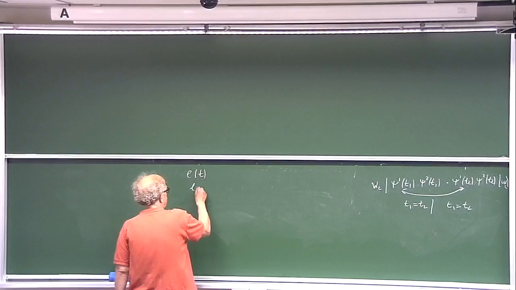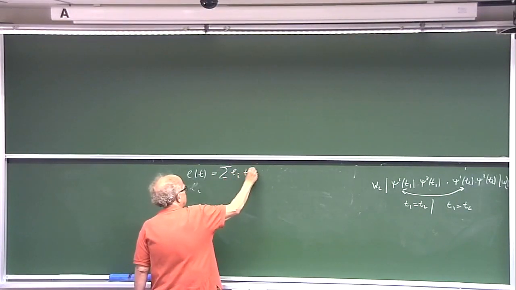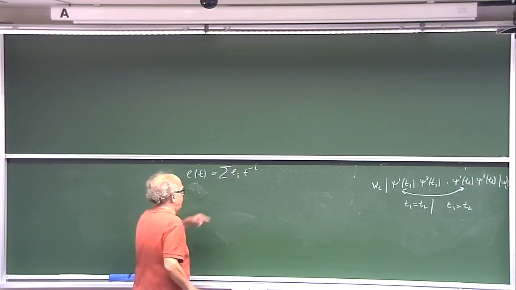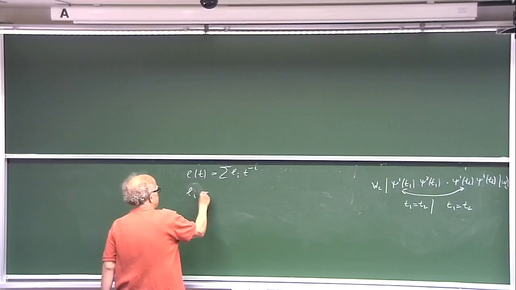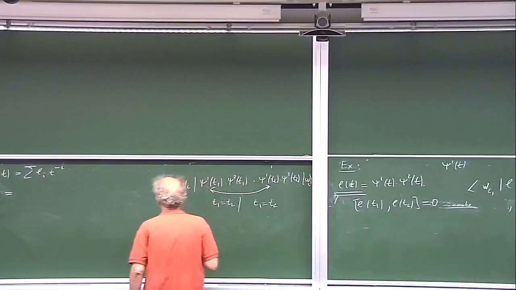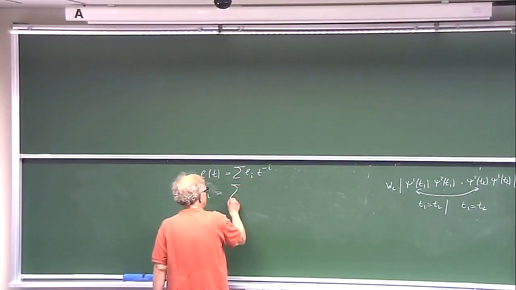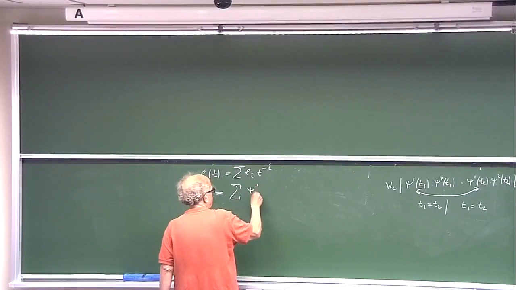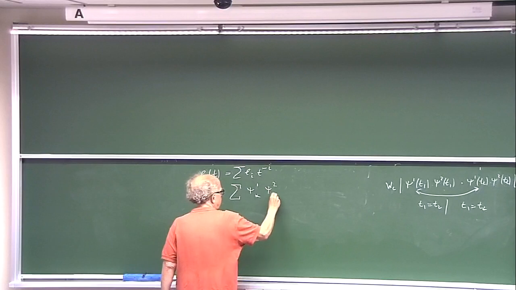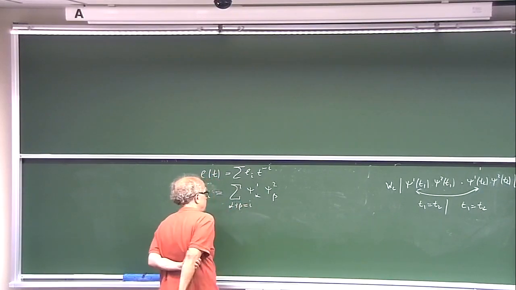Coefficient E_i, so this is the summation of E_i times t to the power minus i. And then I look at who is E_i. According to this formula, it is just the summation of psi_1 maybe alpha, psi_2 maybe beta, alpha plus beta equal i.